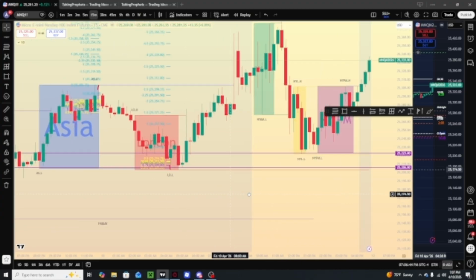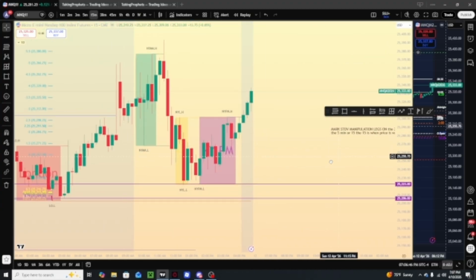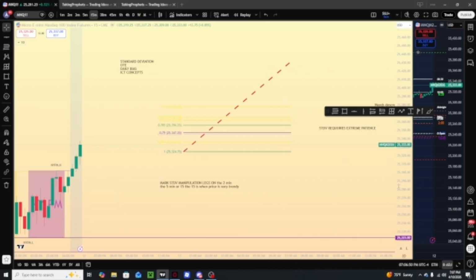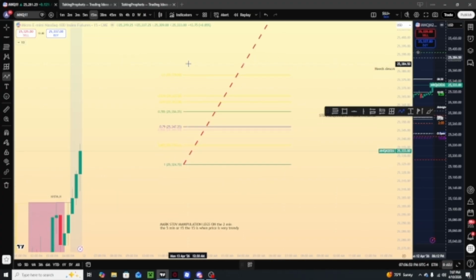Well, you will know when OTE works if you get some kind of reaction based on the levels. So, kind of like this. Let's say the market does this, it hits this, the 50%, and it bounces, and it goes down again, and it bounces, and it bounces, and it goes down again, and it bounces.